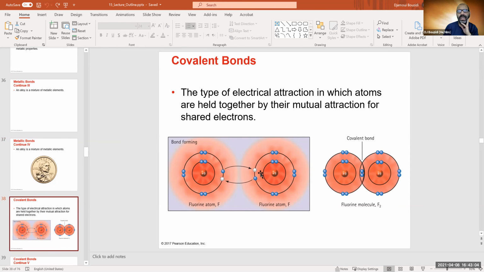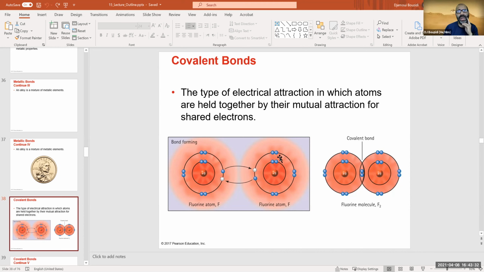Covalent bond is when, in this case, I have two fluorine atoms. Both of them have the same strength and the same affinity for their electrons, the same electronegativity, which is how well they attract electrons, okay? Then if I bring them together, this electron in here can fill this gap for this fluorine atom, and the other electron from this fluorine atom will come in here and satisfy the requirement for this one.